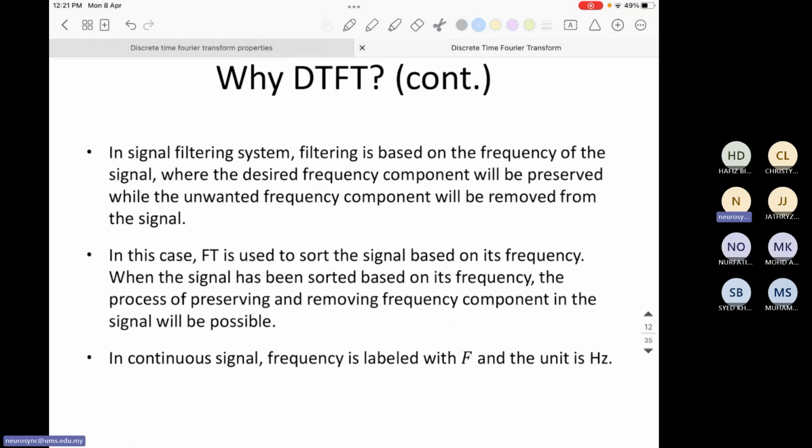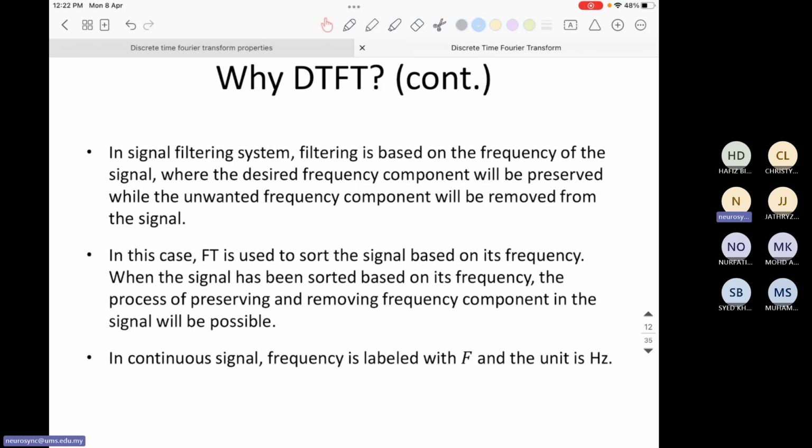In a signal filtering system, filtering is based on the frequency of the signal. The desired frequency component is preserved while the unwanted frequency component is removed from the signal.